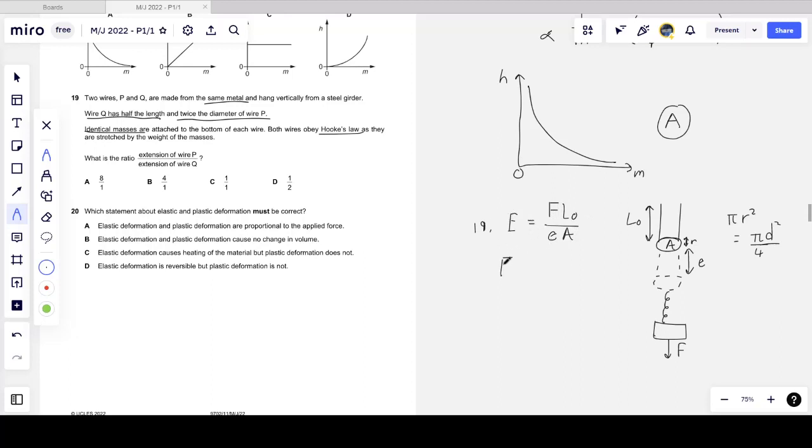But what we know is that Young's modulus is the same for both wires, since they are both made from the same material. So this is made from the same metal. So EP and EQ are the same. So what else do we know? We also know that the masses that are attached to the bottom are the same, they have the same weight, and so the force that's causing them to extend must also be the same. FP and FQ are the same, so we just call them F.